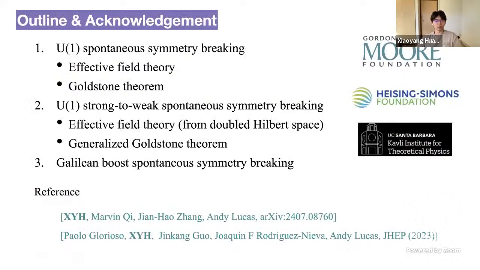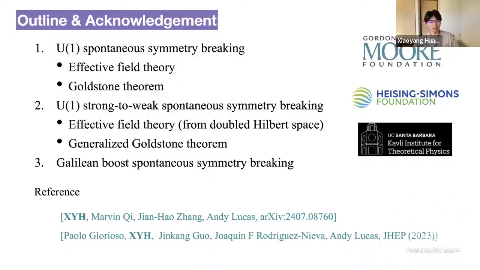Okay, so just a big outline of today's talk. I'm gonna first give an overview of the U1 SSB case from a different perspective using the EFT and also discuss the Goldstone theorem for that. And then I will mainly focus on the so-called strong to weak SSB for the U1 case and discuss it also from a different perspective.